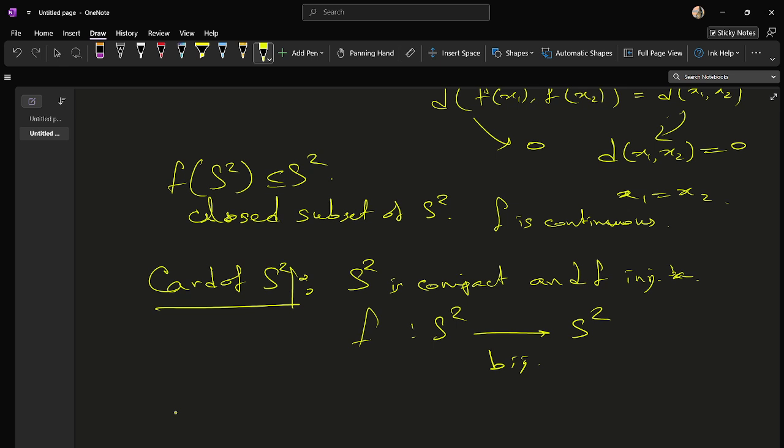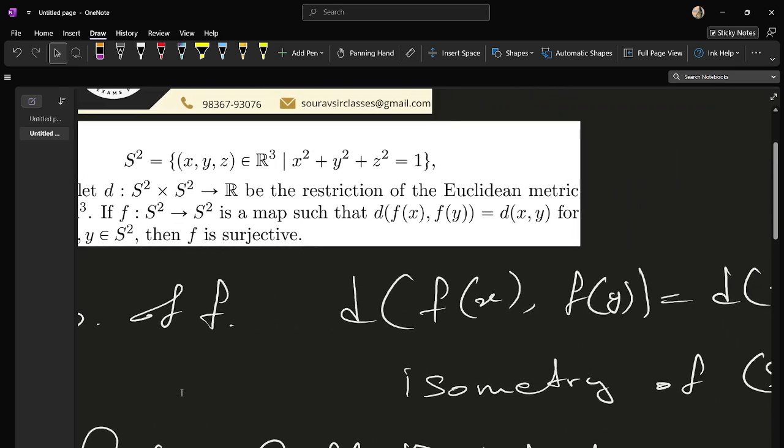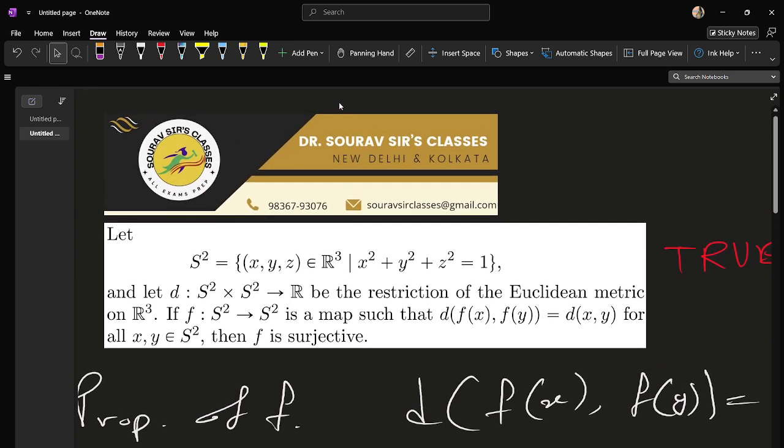The compactness ensures the image f of S2 is equal to S2, making f surjective. So this is a true statement. Our conclusion is that the statement given in the question is true, because it preserves distance on S2 and maps points on S2 onto other points of S2.